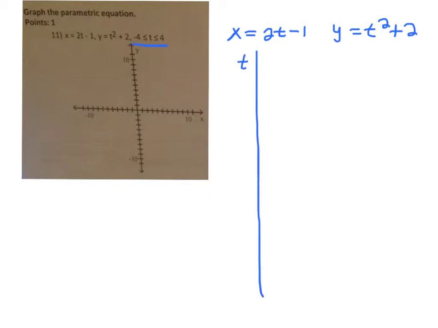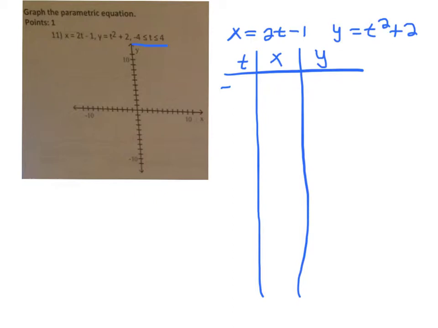Graph the parametric equation. So we have x equals 2t minus 1, and y equals t squared plus 2. They're saying that t is between -4 and 4. Without the calculator, what we would basically do is make ourselves a table of values where we have t, x, and y.